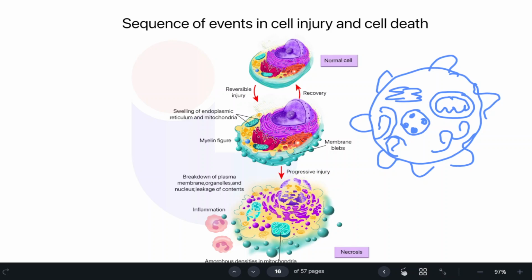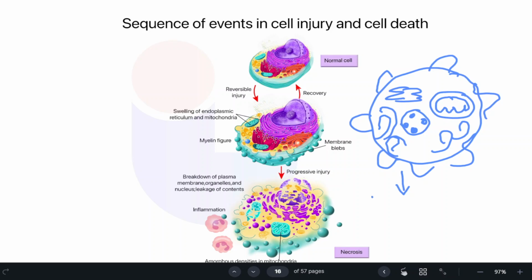Suppose the injury still continues, there can be severe damage to the membrane and the mitochondria. When there is severe damage to the membrane, the lysosomal membrane will rupture. So this can lead to all the enzymes being released into the cell from the lysosome. And there will be severe mitochondrial damage. In reversible cell injury, small amorphous densities can be there in the mitochondria.